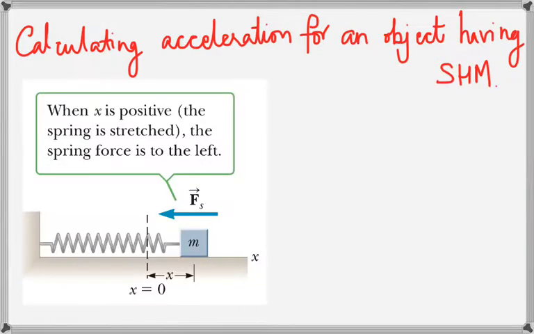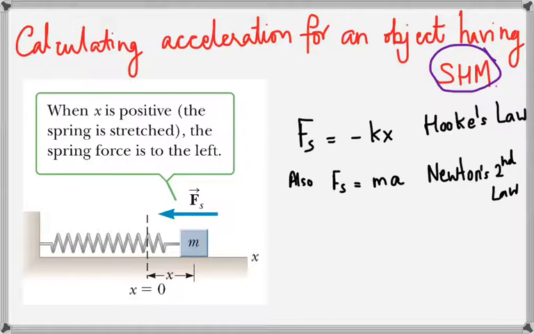Now let's look at another example, where we want to calculate the acceleration for an object having SHM, that is simple harmonic motion. This is not exactly an example. We are going to look at a formula for calculating the acceleration of an object which has simple harmonic motion.